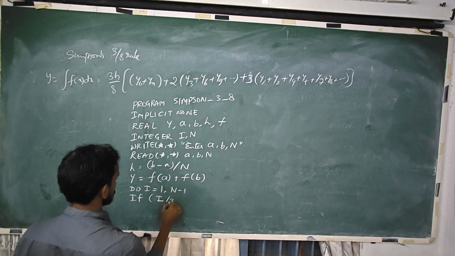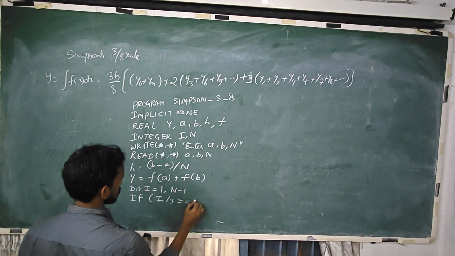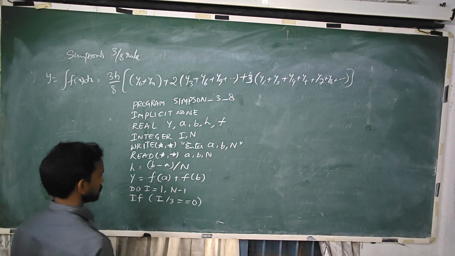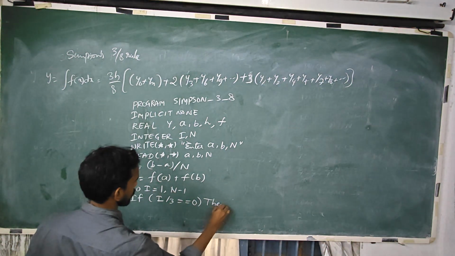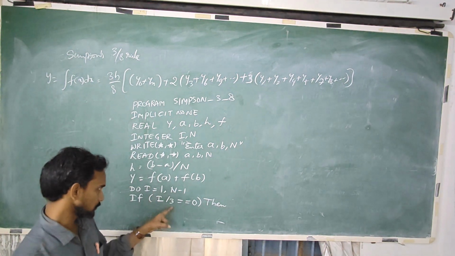If I by 3 equal to 0. So I'm considering an integer division here. There is no real number division.